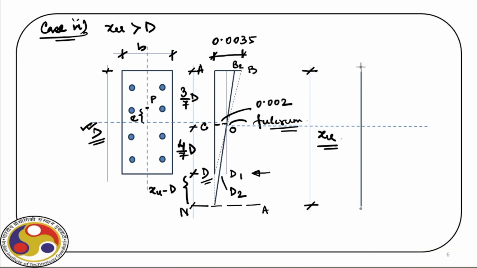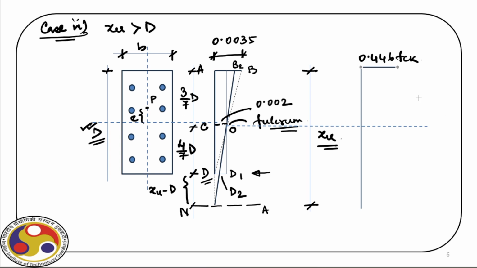So at the extreme compression side, we'll have 0.446 fck. So this value is 0.446 fck.